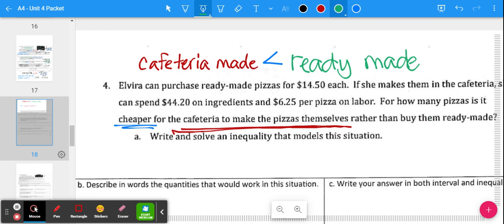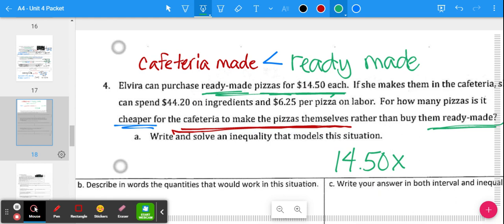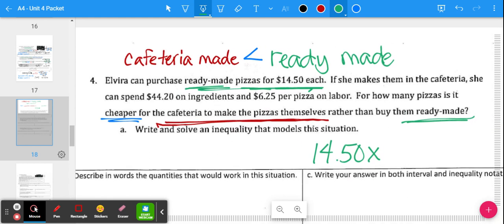So when we write our inequality, we have to compare these two parts. It says Elvira can purchase the ready-made for $14.50 each. So that's $14.50 per pizza. And then if she makes them in the cafeteria, those cafeteria made, she can spend $44.20 on ingredients and $6.25 per pizza.